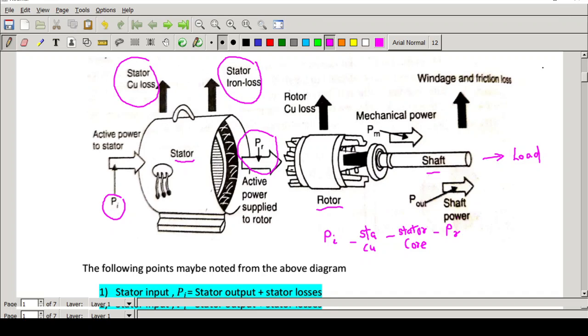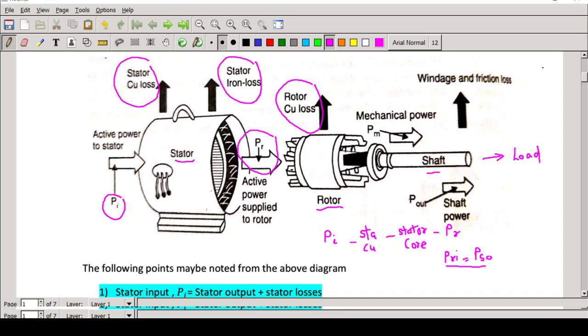So I can write PR in, the input power to the rotor, is equal to PSO, the output power of the stator. Then from this power, we again have to deduct the rotor copper loss.